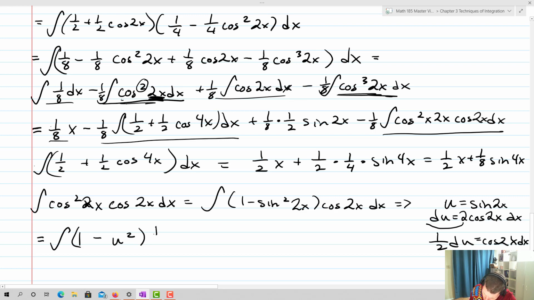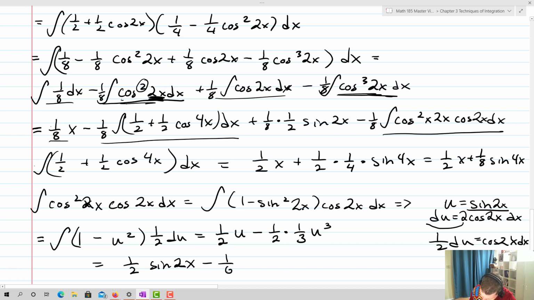That's going to give me 1/2 times 1/2 du, which is going to equal 1/2 u minus 1/2 times 1/3 u cubed. And when we substitute back in, we get 1/2 sine 2x, right? Because u is sine 2x, minus 1/6 sine cubed 2x.